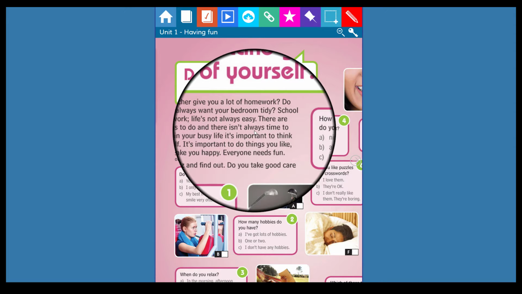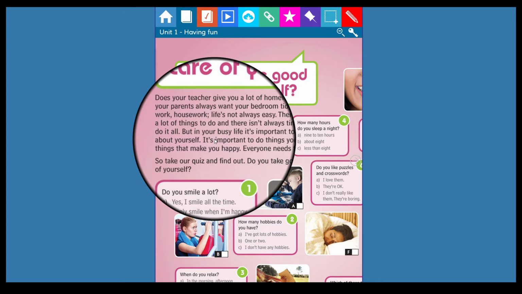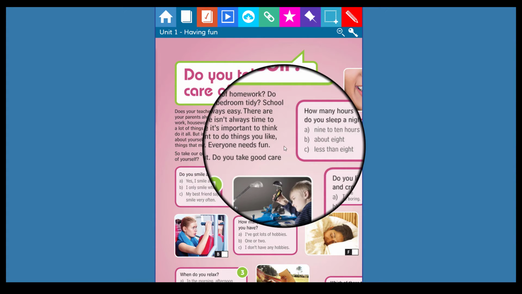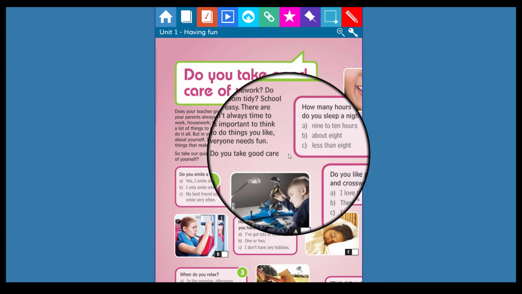But in your busy life, it's important to think about yourself. It's important to do things you like, things that make you happy. Everyone needs fun. So take our quiz and find out, do you take good care of yourself?